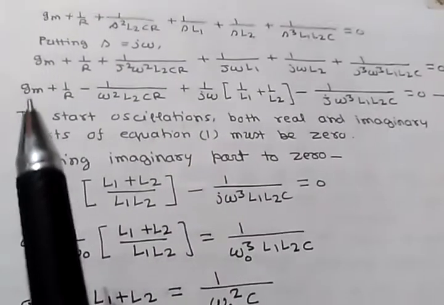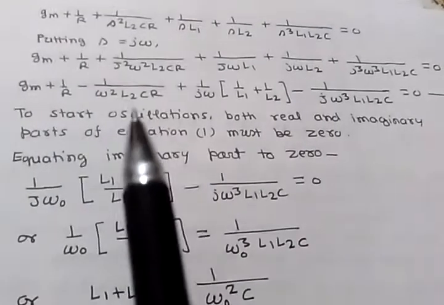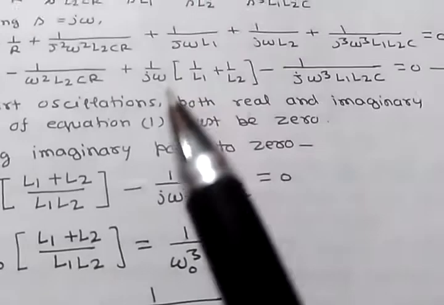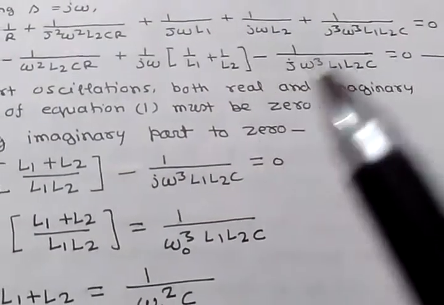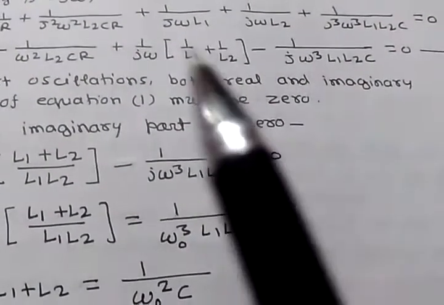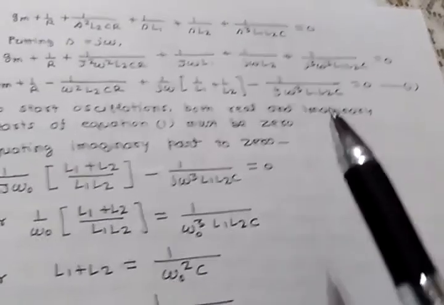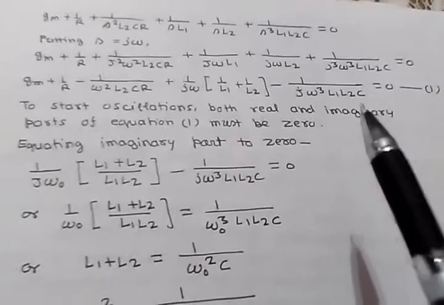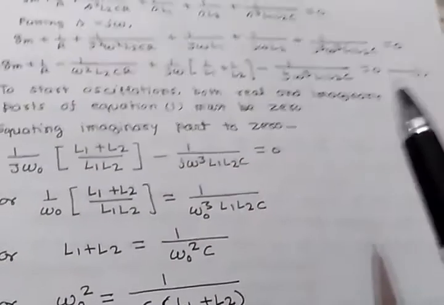One part, Gm plus 1 upon r minus 1 upon omega square L2 Cr, is the real part, and another, 1 upon j omega (1 upon L1 plus 1 upon L2) minus 1 upon j omega cube L1 L2 C, is the imaginary part. Equation 1 is a complex equation which has a real part and an imaginary part, and it is equal to 0.